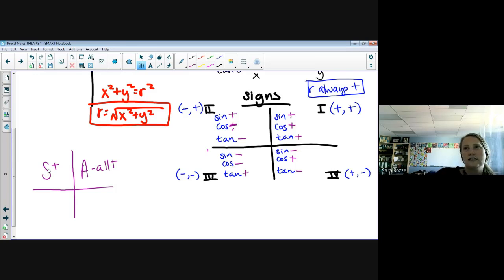So A, S. In quadrant 3, it's the tangent that's positive. And in quadrant 4, it is cosine that's positive. So most people, when they're learning this, they just memorize ASTC. ASTC, you just say it a bunch. And I just write it down on there.